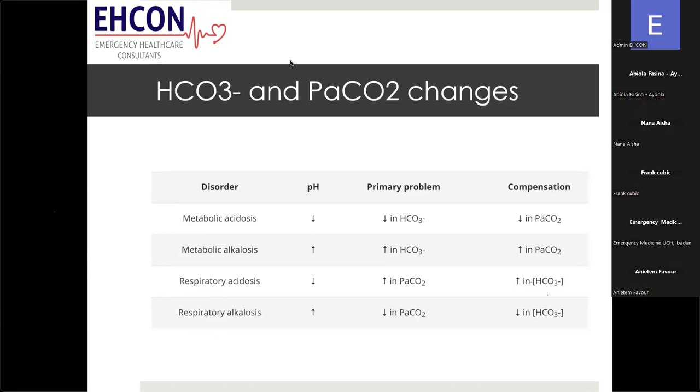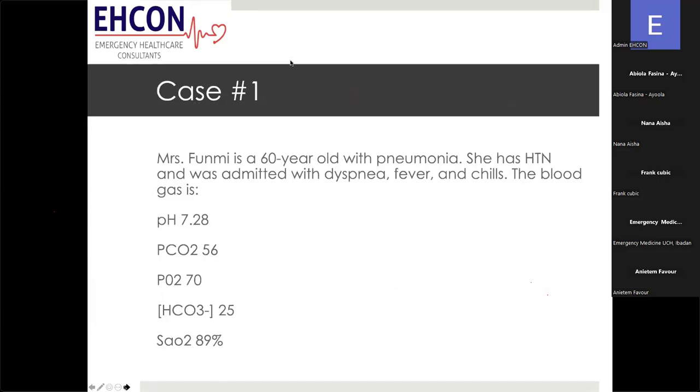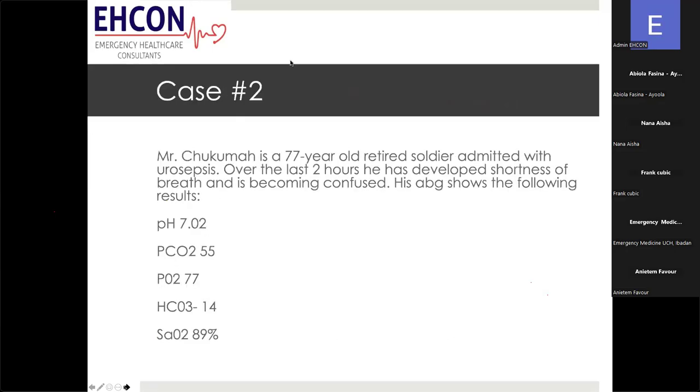You can already tell. If we go back to our problem with the pH going down and PaCO2 going up, we'll start with a primary respiratory acidosis as our problem. Then we need to figure out what our compensation is.